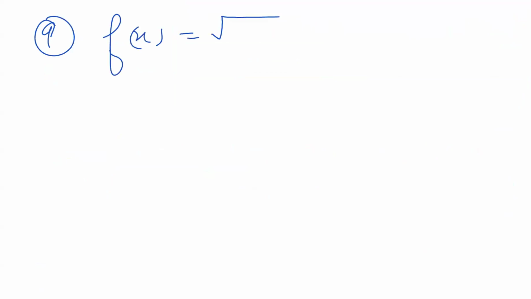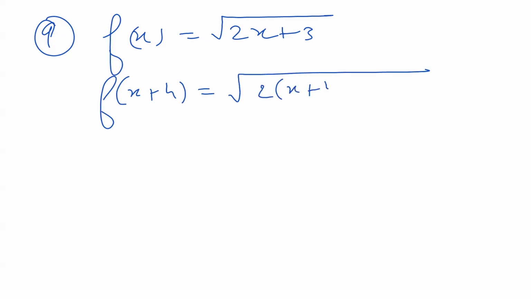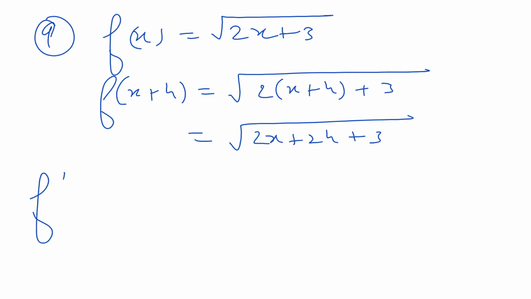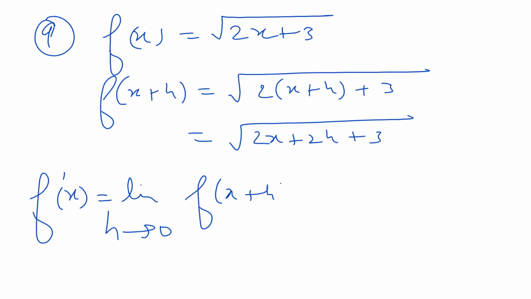f of x is equal to root of 2x plus 3. F of x plus h is equal to root of 2 into x plus h plus 3. So root of 2x plus 2h plus 3. F dash x using first principle: limit h approaching 0, f of x plus h minus f of x upon h.